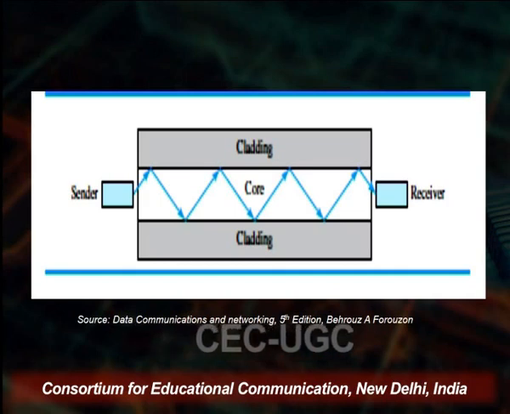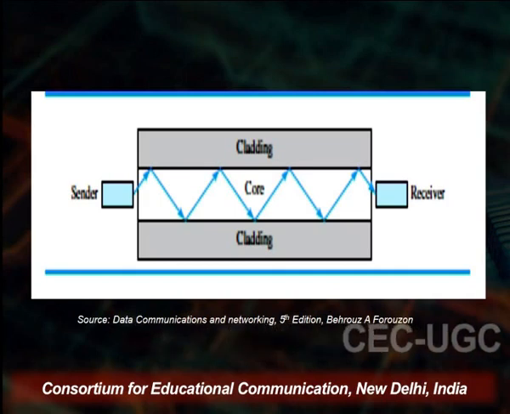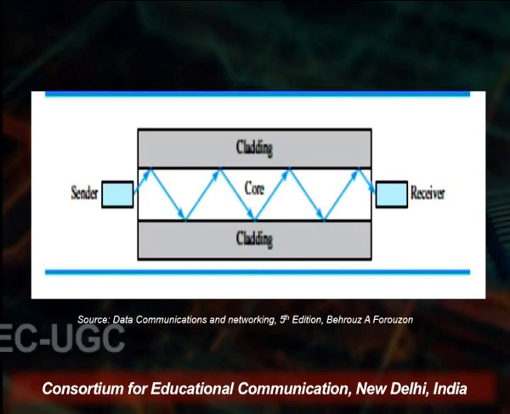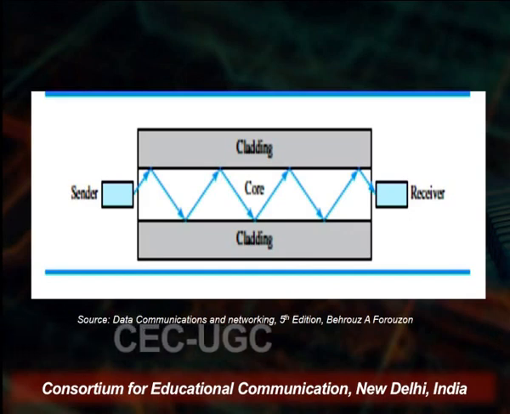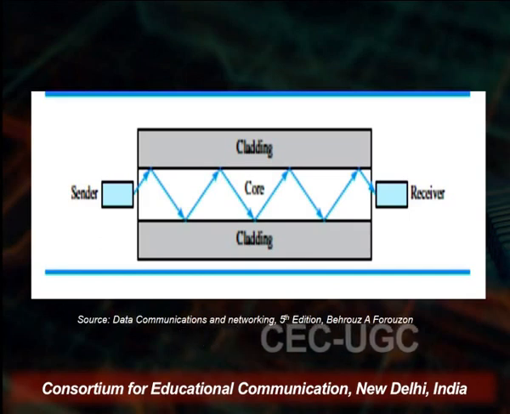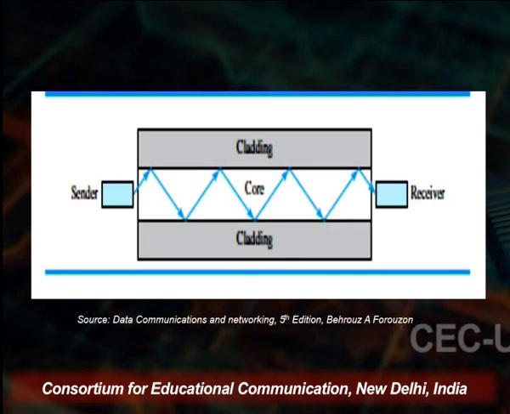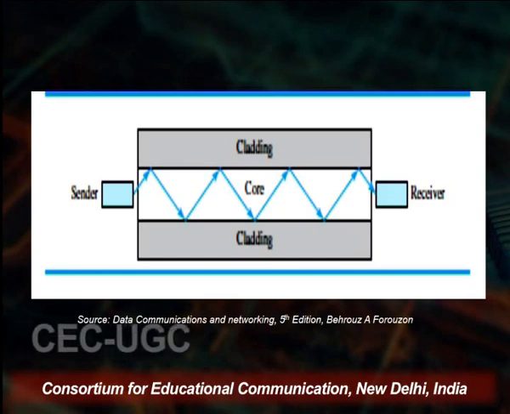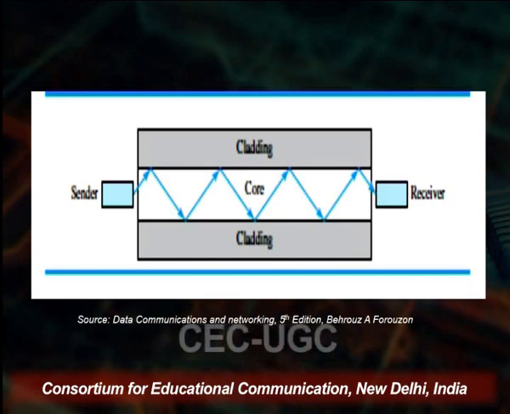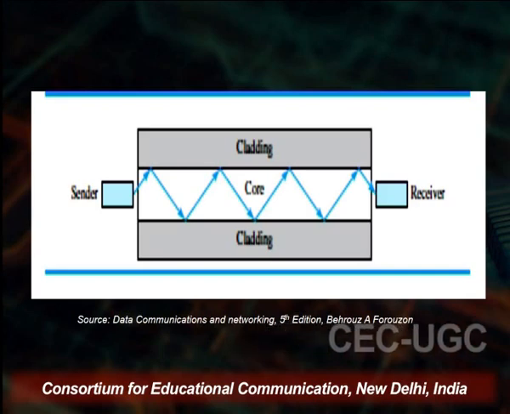So, when the ray of light touches the interface between the core and the cladding, then it will be reflected inside the core again. Similarly, at the other end also the same thing will happen, because the cladding is less dense. So, the light ray will not be refracted, it will not go out of the cladding, but it will be again reflected within the core.